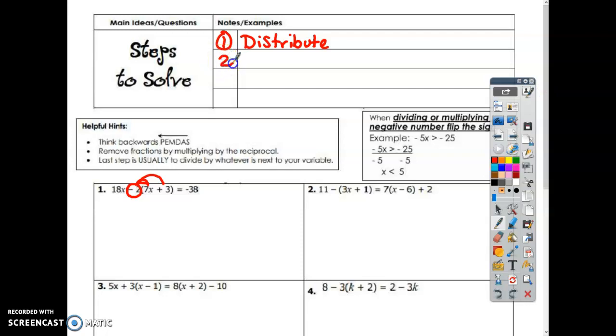Step number 2, separate the variables and the constants. So move the variables to one side and the constants to the other side. Separate variables and constants.